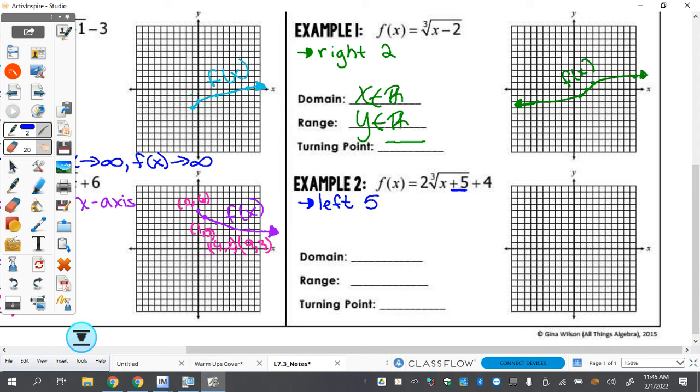So in this case, it's going to be left 5. Then it will be the 2. Stretch by 2. And then the plus 4. We're going to move it up 4.